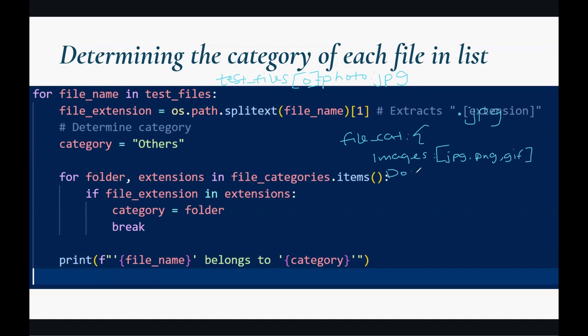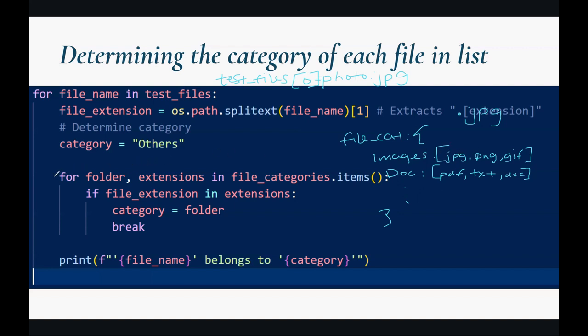And then we've also got documents, which I'm abbreviating here because I only have so much room, but those are PDFs, .text, doc, etc. So we have our dictionary of categories and extensions associated with those categories.